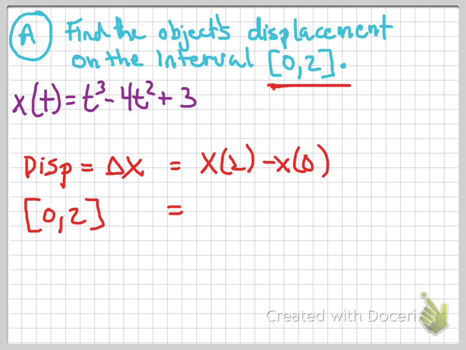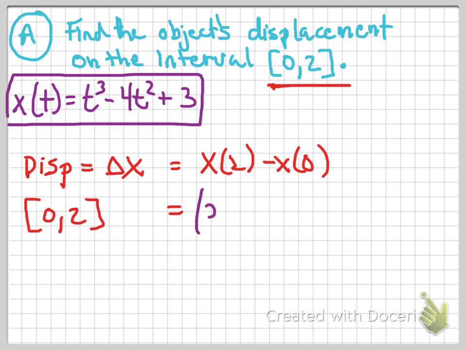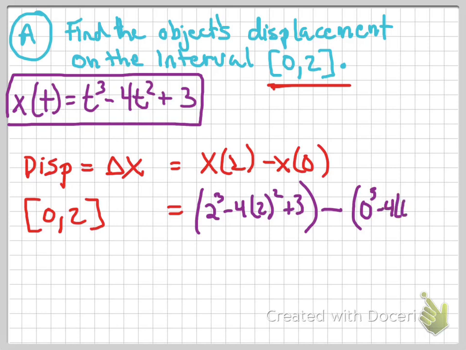So I'm going to plug 2 into my position equation. X of 2 means I'm going to have 2 to the third power minus 4 times 2 squared plus 3, minus, plugging in 0, 0 to the third power minus 4 times 0 squared plus 3.